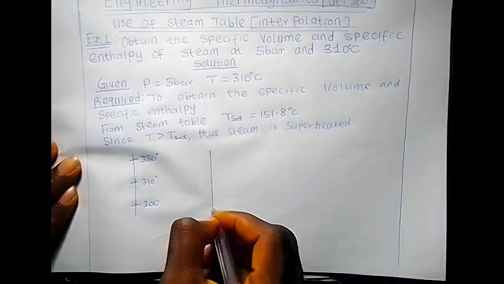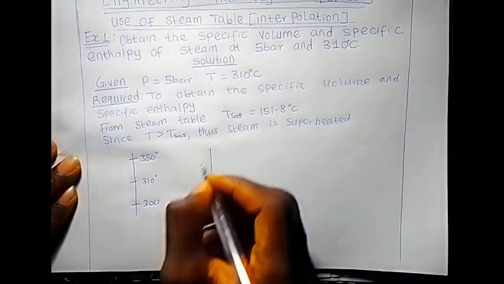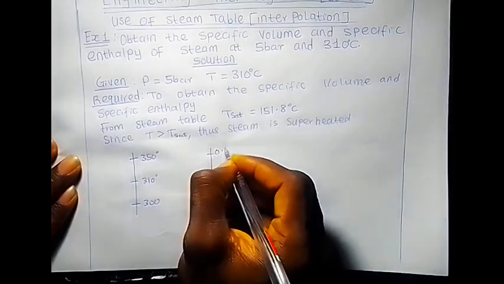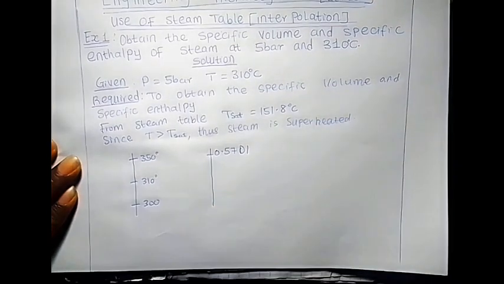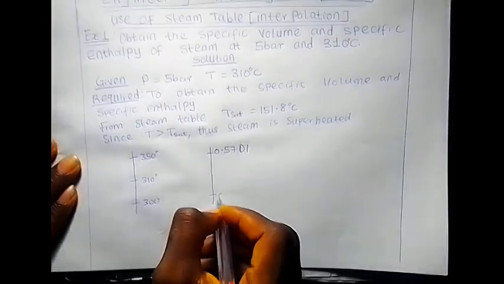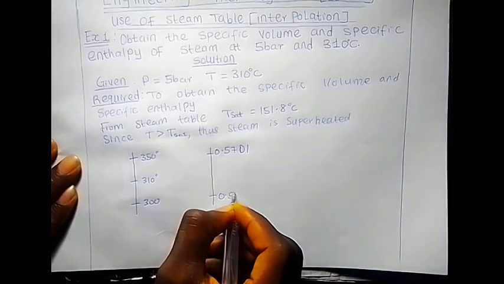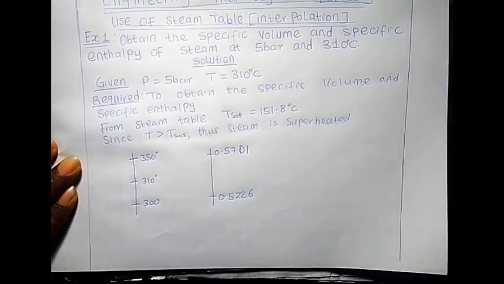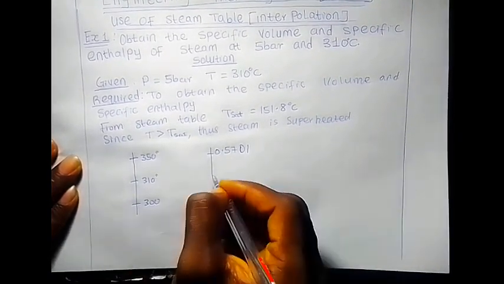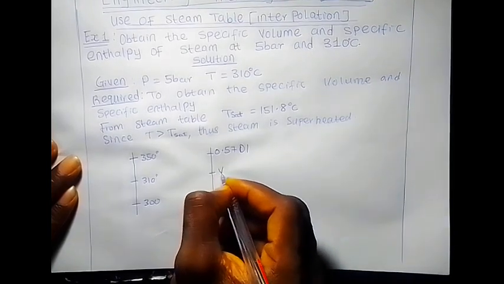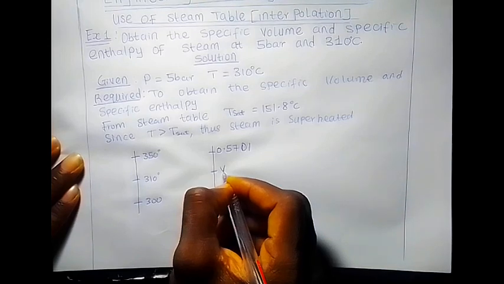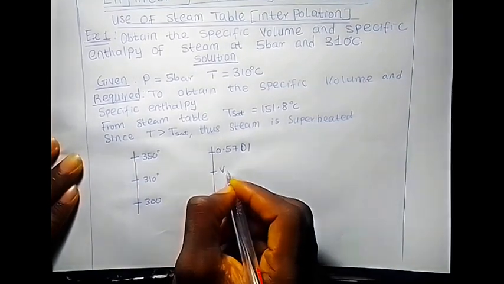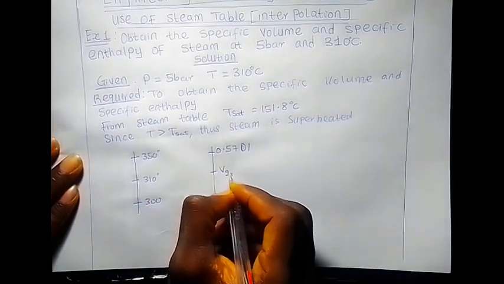Then we also have another one, and you should have 0.5701, and you should have 0.5226. Now this should be the middle that we do not know, which is VG of 310.